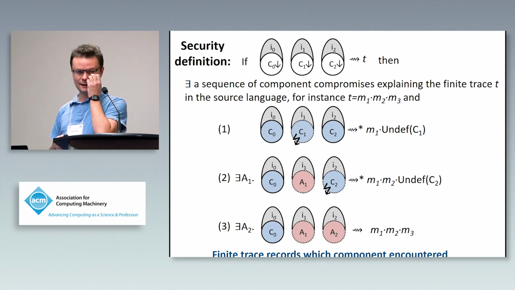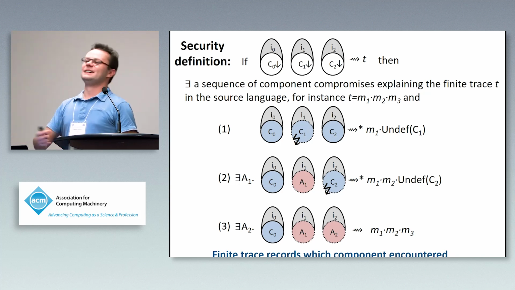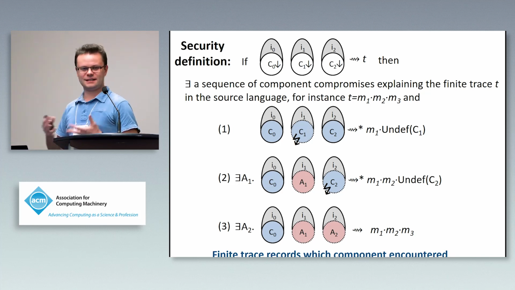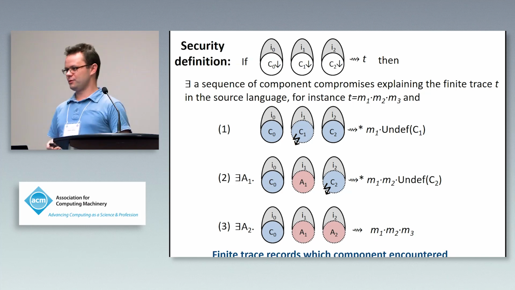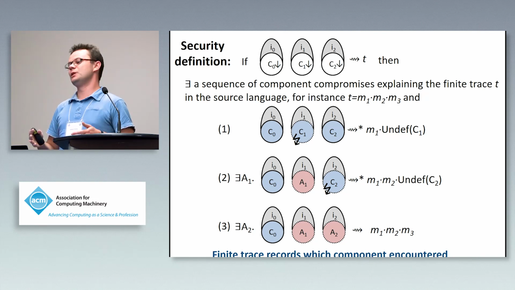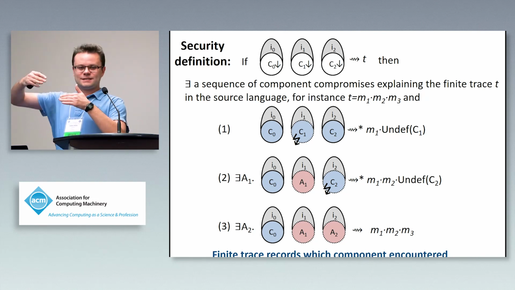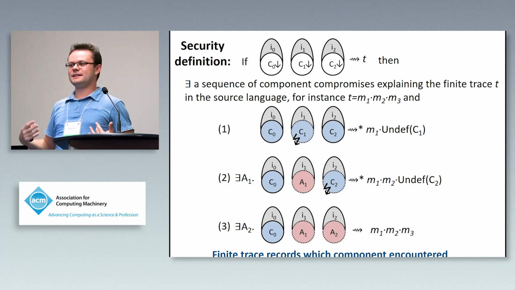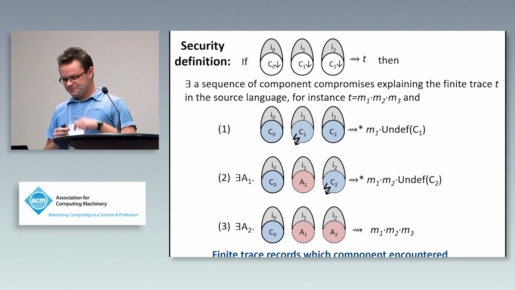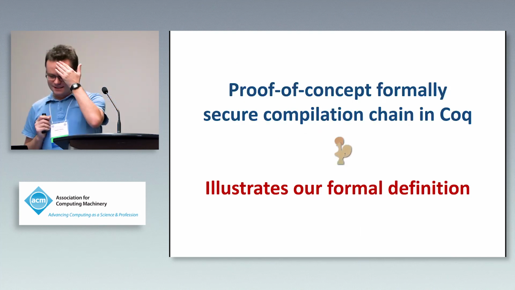So that's the main idea of how we can explain this trace T in the source language, by this sequence of executions where some components get compromised, execution gets rewound, and then I can explain more and more of the trace. So this explains both how you got the final trace in the end, but also how there was this sequence of compromises that led in the end to that trace. So this is the definition.